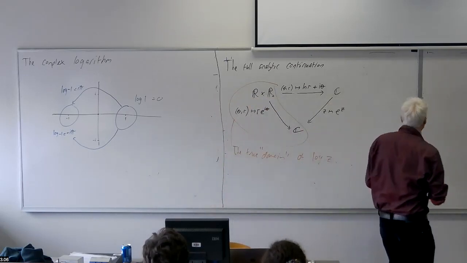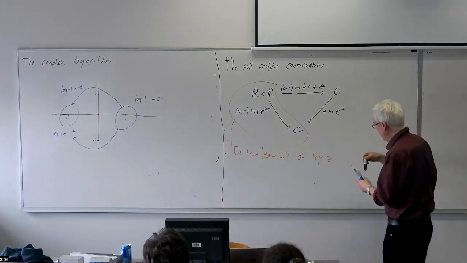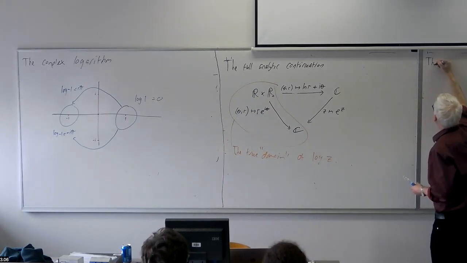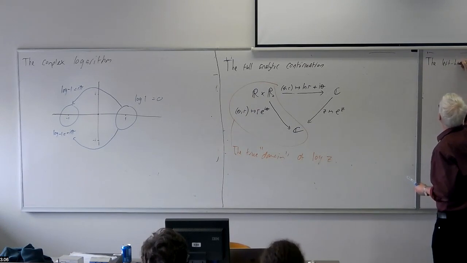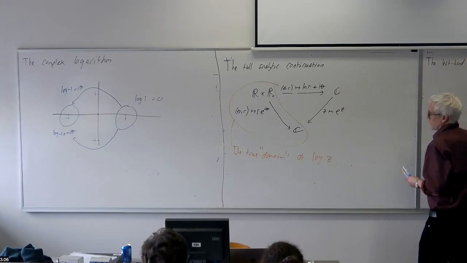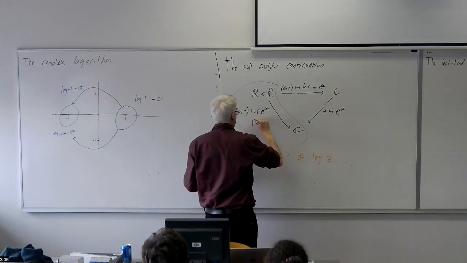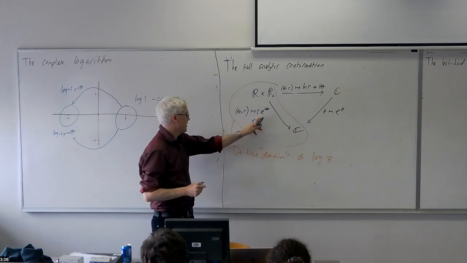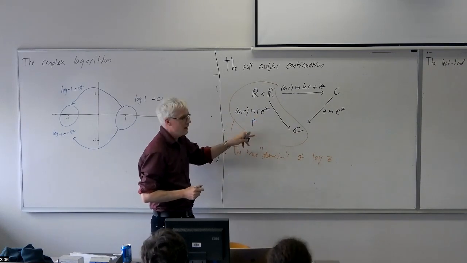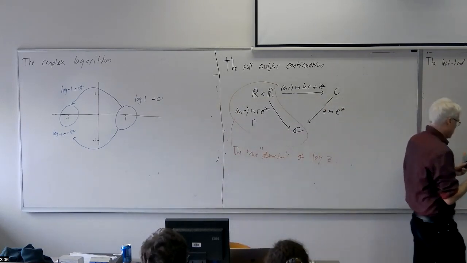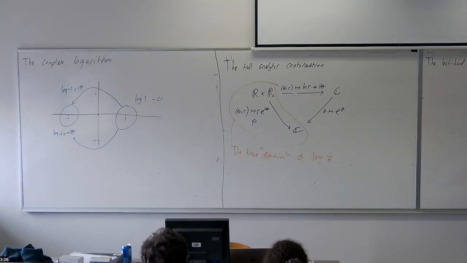So the left-hand map here, which I don't want to write out every time, I'm just going to call it P. P is a local homeomorphism.